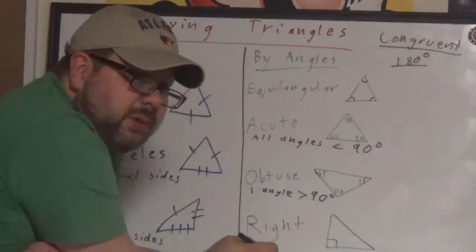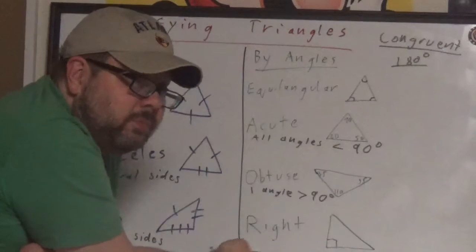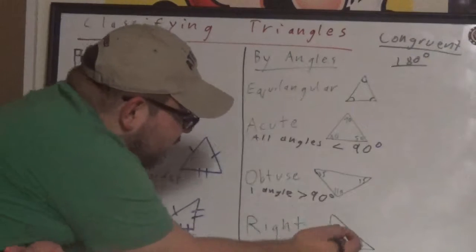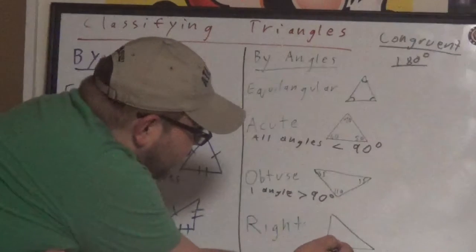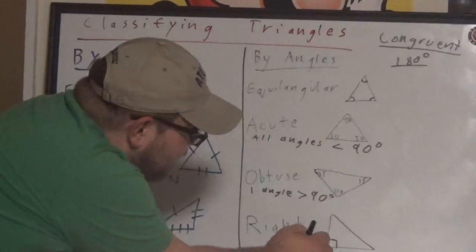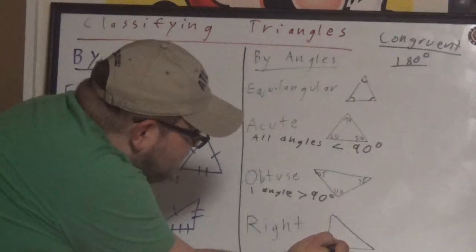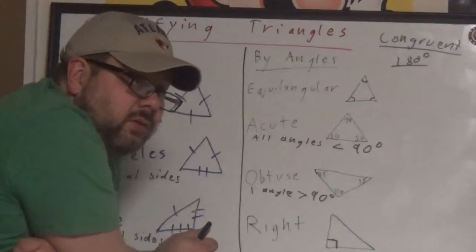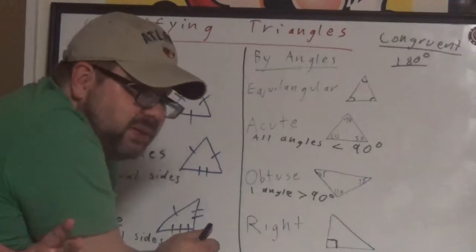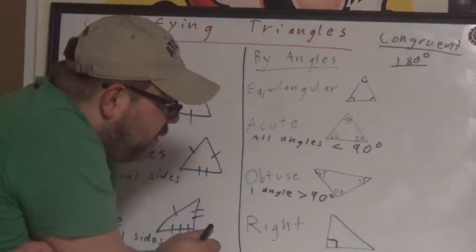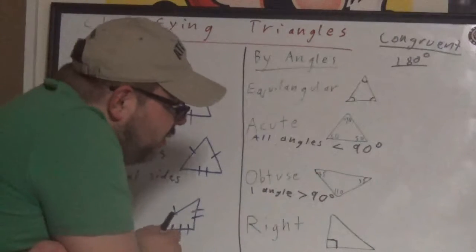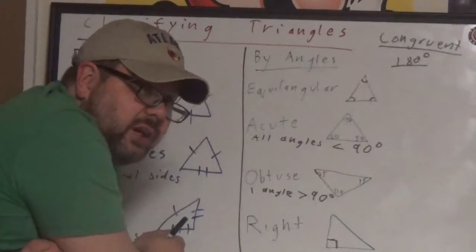What if one of them is a 90-degree angle? Well, of course, that would make it a right triangle. And that's where this symbol comes into play. Notice it's a square in one of the corners. That represents a 90-degree angle.